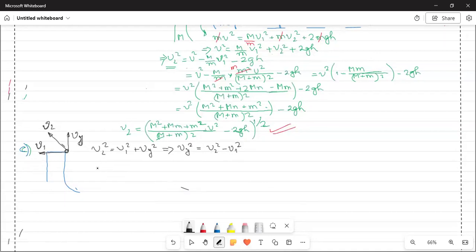So now let us deduce it very carefully. Because the expressions are very cumbersome, Vy square is equal to V2 square.